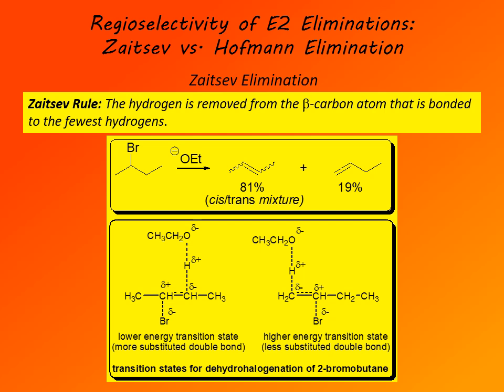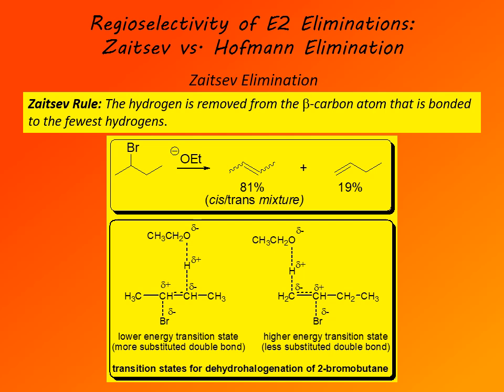And here is the reason why. We should look at transition state because of course this is an E2 elimination. So transition state that leads to formation of more substituted double bond is more stable, lower energy transition state, because more substituted double bond is more stable compared to less substituted due to hyperconjugation, electron delocalization from the substituents.